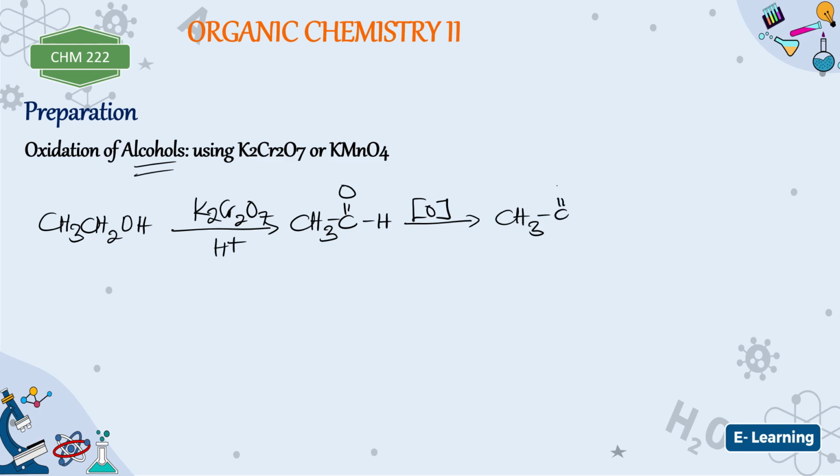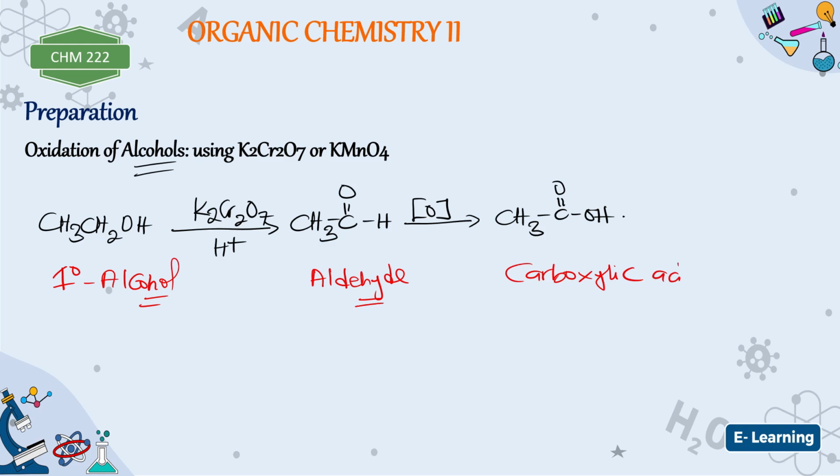Carboxylic acid, especially only primary alcohol. So this alcohol that will react must be a primary alcohol. Then this is what? Aldehyde. Further oxidation will give us carboxylic acid. Very easy, right?